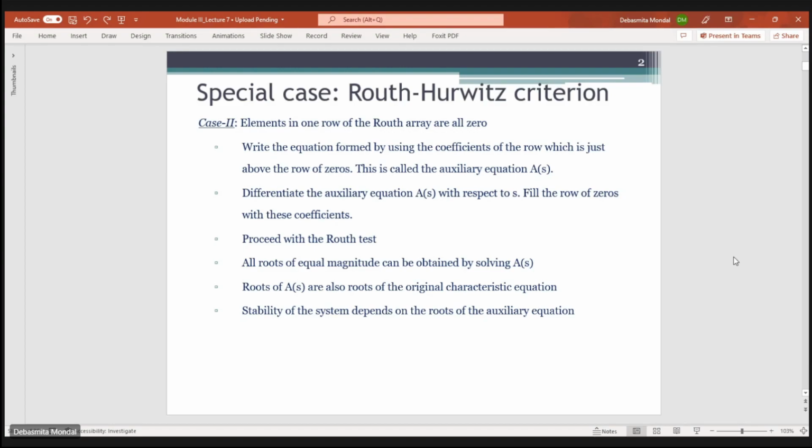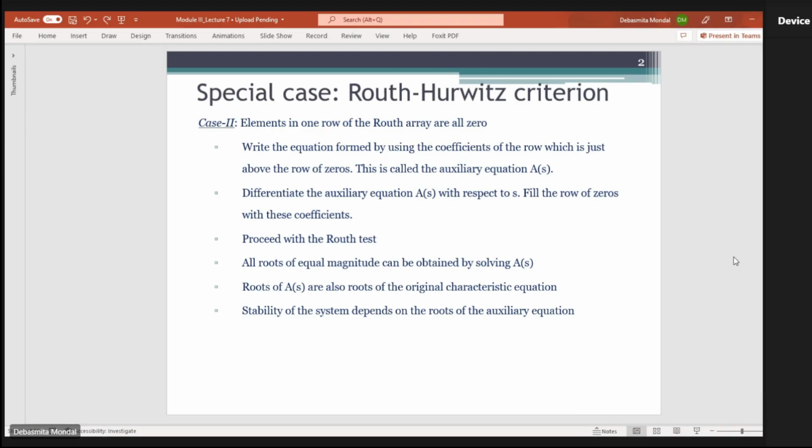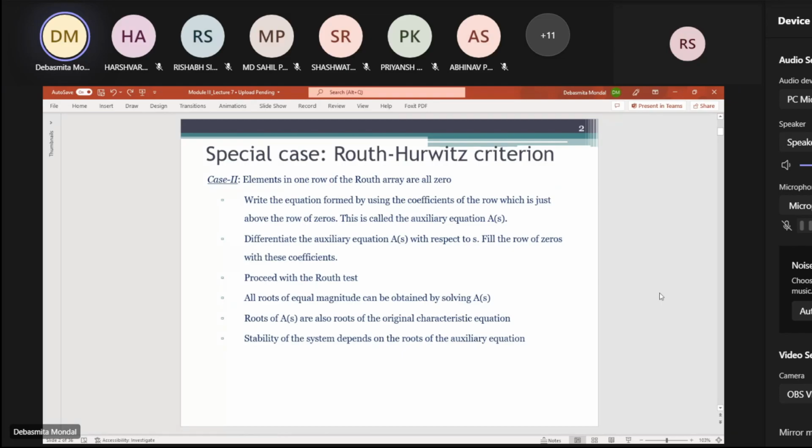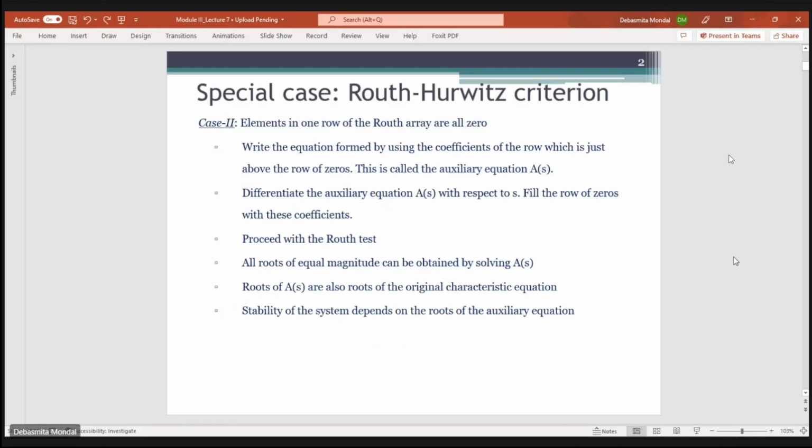In those cases, we replace the element which is actually 0 with a very small value, a variable epsilon, such that epsilon tends towards 0, and then we move on with completing the Routh array, and finally analyzing the system. Now the second case, this also we have actually discussed, but I just want to show some more examples so that it becomes clearer to you.